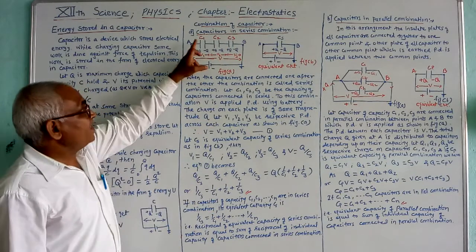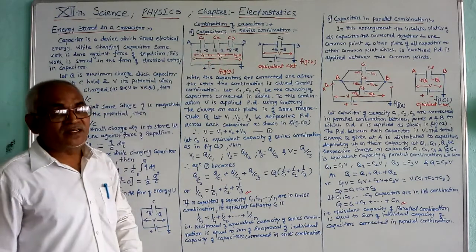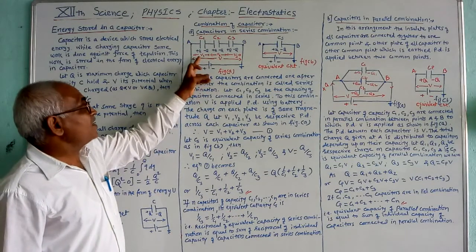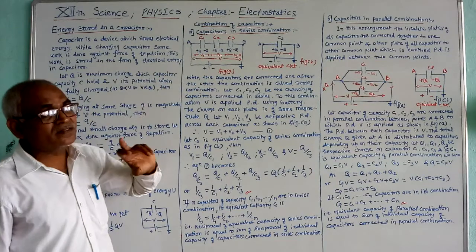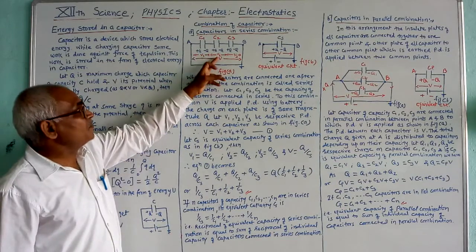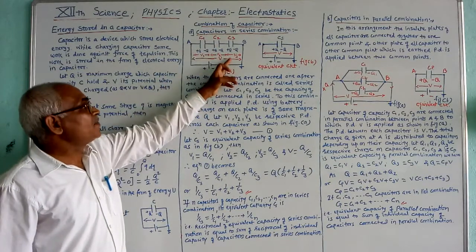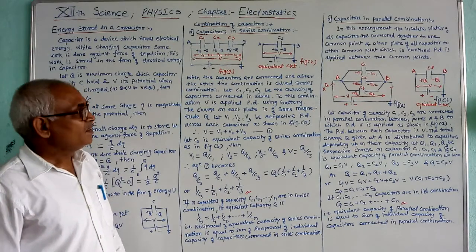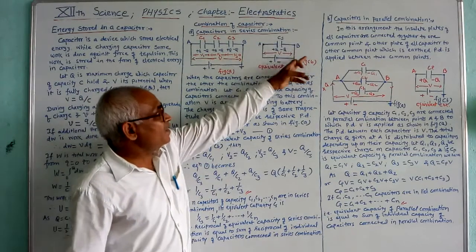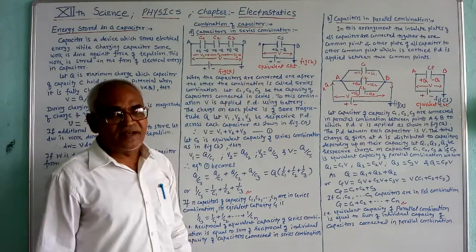But depending upon the capacity of each capacitor, the potential difference across each capacitor is different. Let V1 be the potential difference across C1, V2 across C2 and V3 across C3. Now this figure shows the equivalent circuit of this series combination.